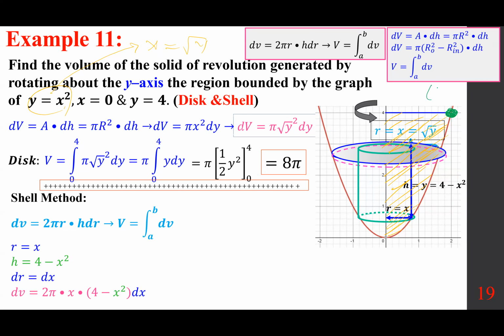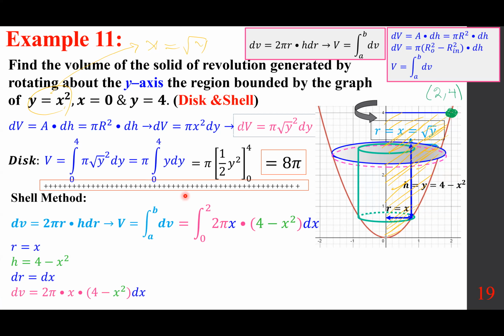This point has coordinates 2, 4. So we did 0 to 4 with the disk, but now we're going to do 0 to 2 with the shell method. 0 to 2. So it's good to know this location.